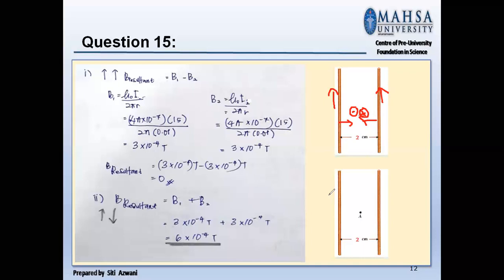How about the second case? Let's say you have a current going up here, and this one going down. Then what happened to the force for each wire? The magnetic field B at point A. Let's try. First wire, your current is going up, and your force to the left, and then you have your B1 into the page.